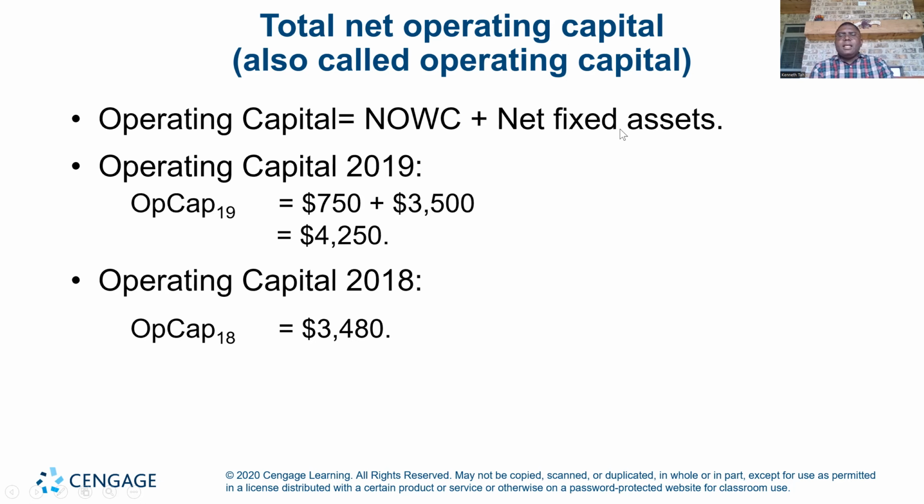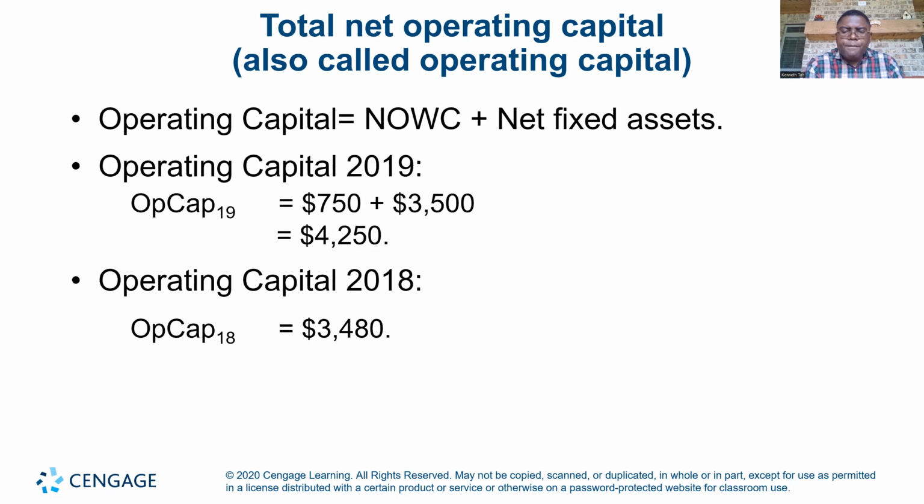The net fixed assets we are able to get from the financial statements, precisely the balance sheet. So for the year 2019, we have a total net operating capital of 4,250. For 2018, it was 3,480. All right, that is step 3.